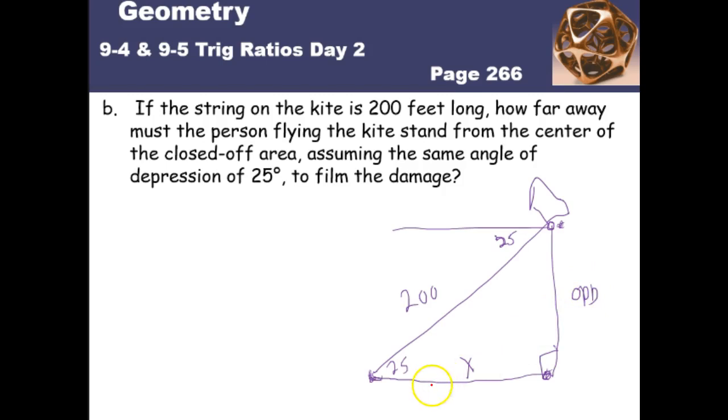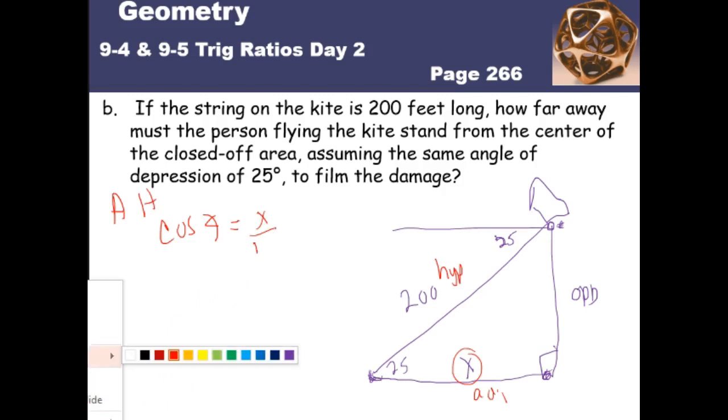So this is still the opposite, and this is the hypotenuse. And this time we're finding x, which is the adjacent. So we're finding adjacent, and we have to use the hypotenuse, so that's cosine. So the cosine of the angle is equal to the adjacent over the hypotenuse. Oh, I forgot to write the formula.